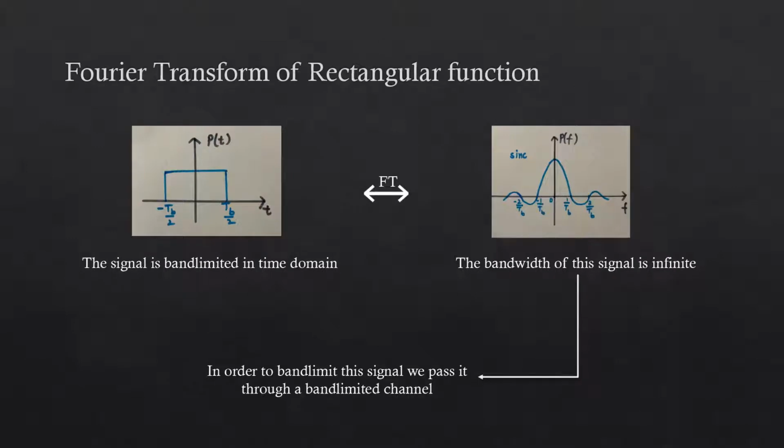Next, we have the Fourier transform of a rectangular function. First of all, the pulse p(t) is bandlimited in the time domain. On computing the Fourier transform of the given pulse, we get the sinc function as the transform. The bandwidth of the sinc function is infinite. So, in order to bandlimit this signal, we pass it through a bandlimited channel.